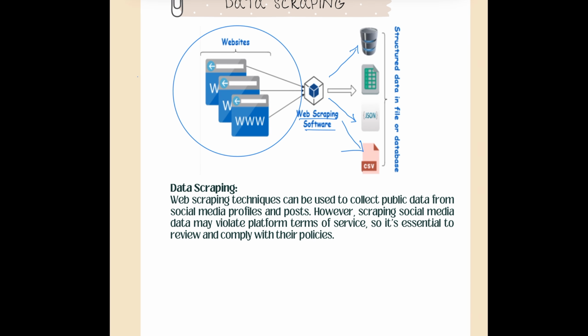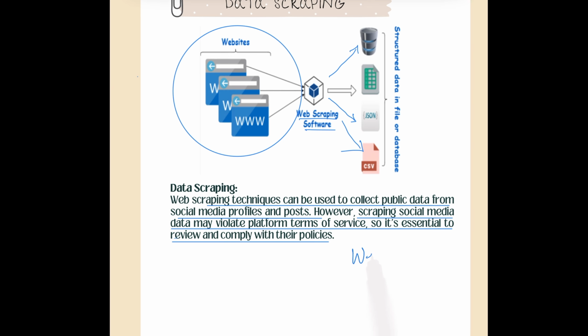Data scraping techniques can be used to collect public data from social media profiles and posts. However, scraping social media data may violate platform terms of service, so it is essential to review and comply with their policies.